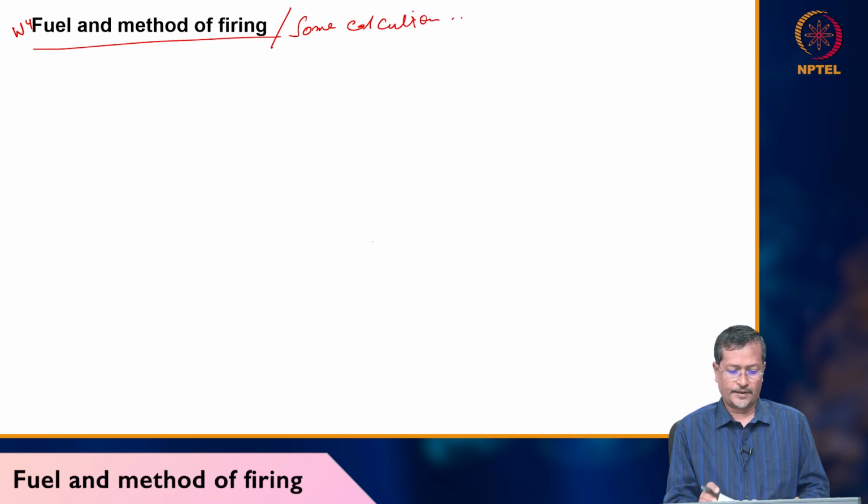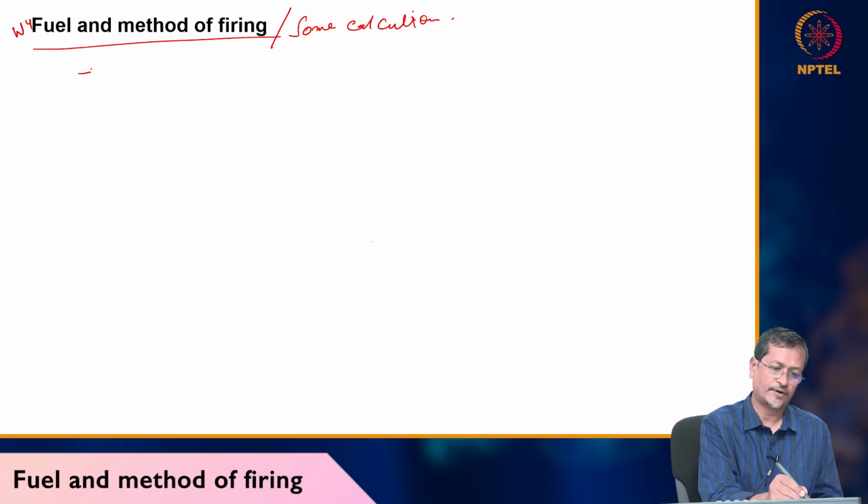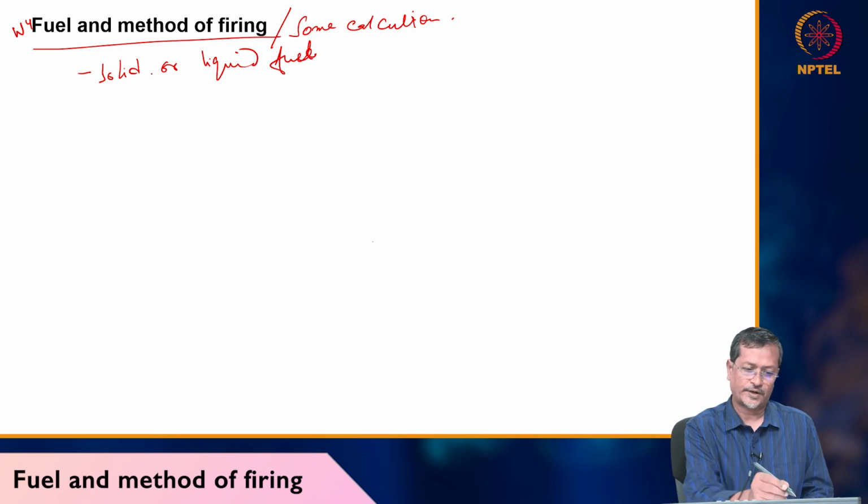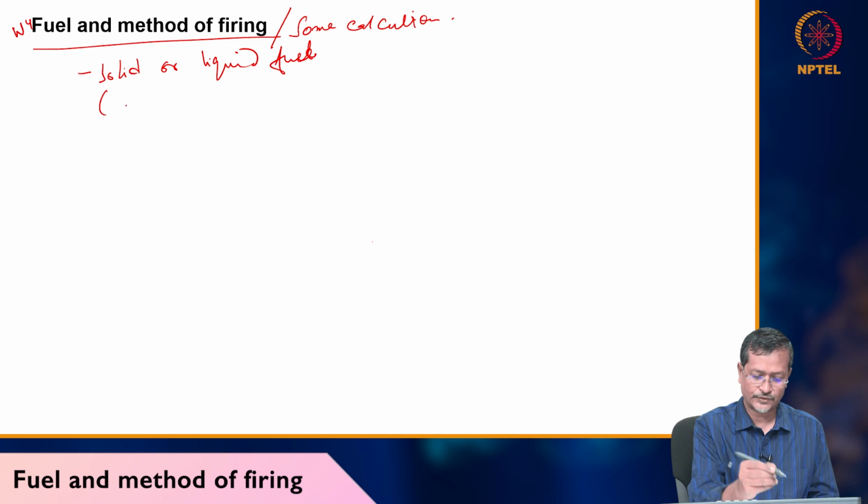Okay, so first, fuel. Boiler fuel can be solid fuel or liquid fuel. Solid fuel can be, like in previous days, people used coal, wood.